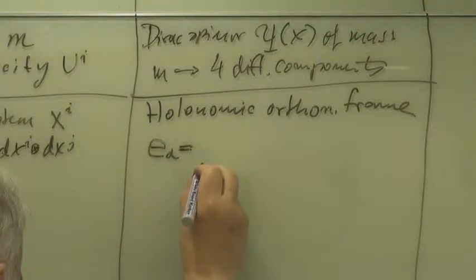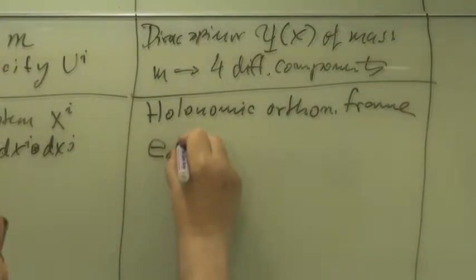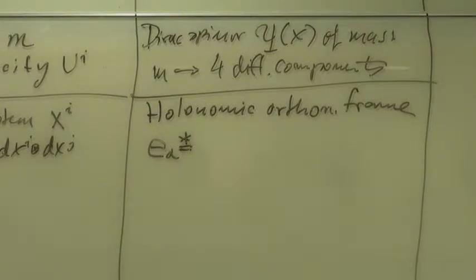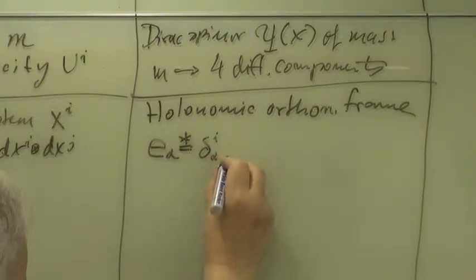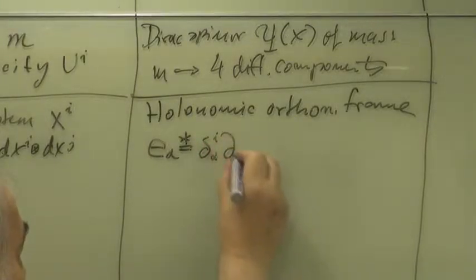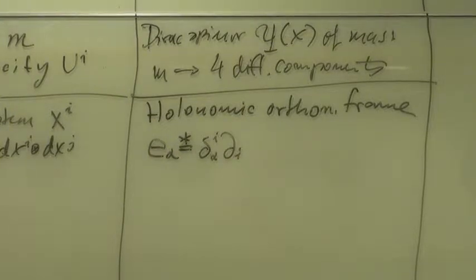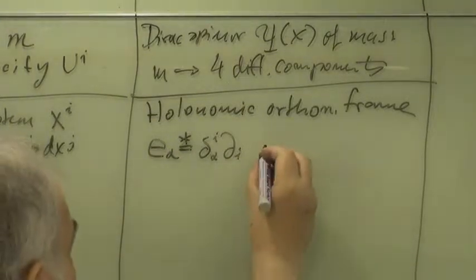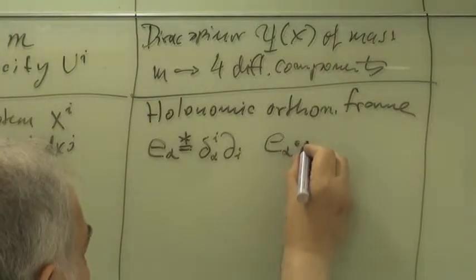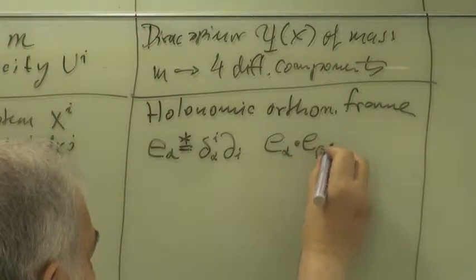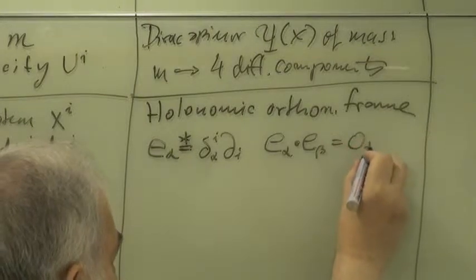And since it's holonomic, it's a natural frame. So under these special circumstances, it's delta_alpha^i, where delta is the Kronecker symbol, times partial_i. And we have that e_alpha dot e_beta, the scalar product, is equal to eta_alpha beta.